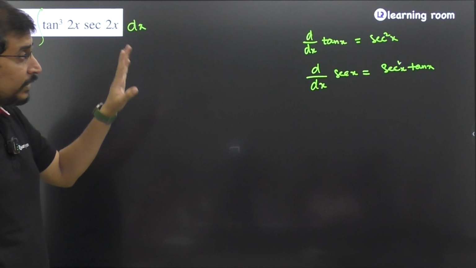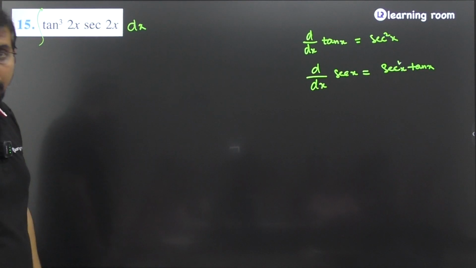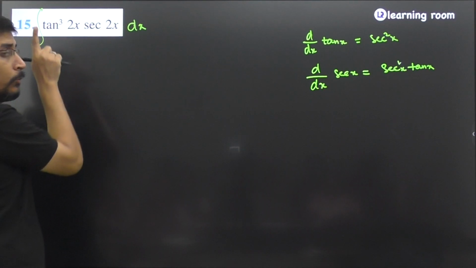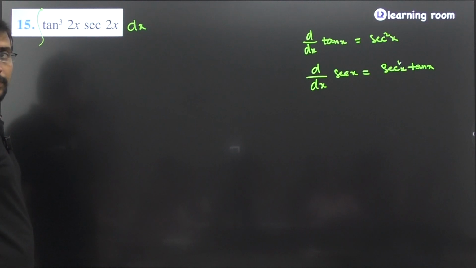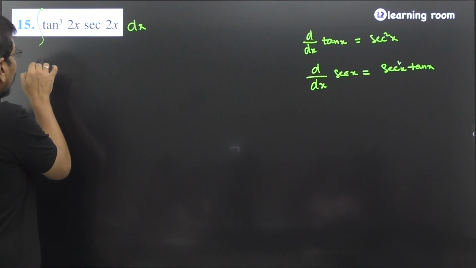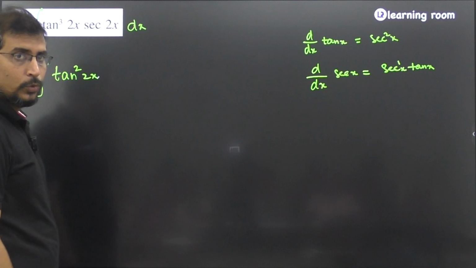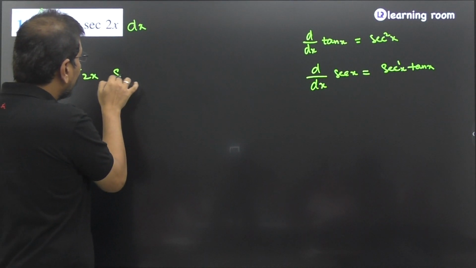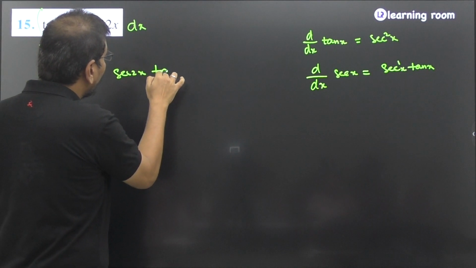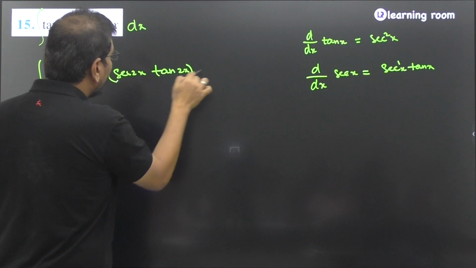So I need to think of the second logic, because secant power 1 of 2x into tan power 1 of 2x, for which I will borrow one of the tan 2x from tan cube 2x, so that I can write the same thing as tan square 2x into secant 2x into tan 2x dx.